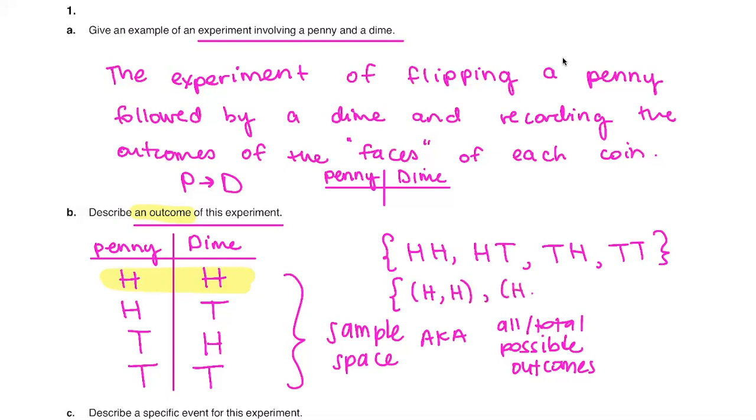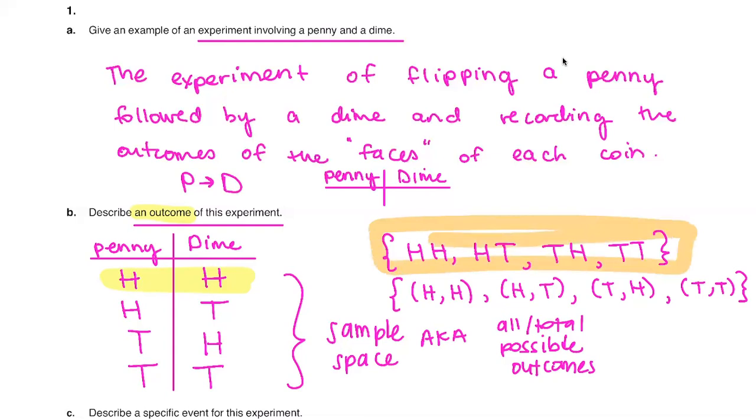But then you get a lot of parentheses going on. And if you can simplify your notation so that you still get the point across of the different outcomes without all of these additional parentheses, that's totally fine. I will typically use the shorthand notation for the sample space of this experiment, where our experiment is flipping a penny followed by a dime and recording the outcomes or the faces of each coin.